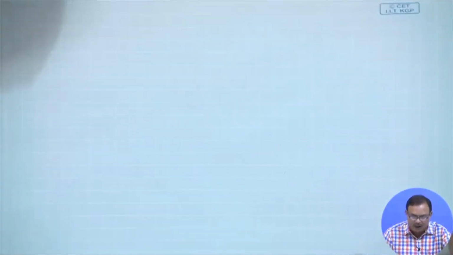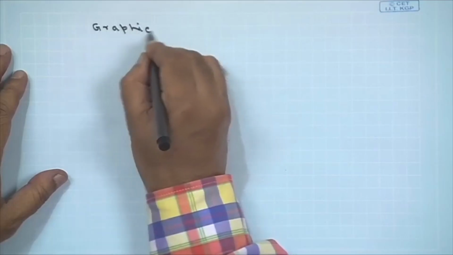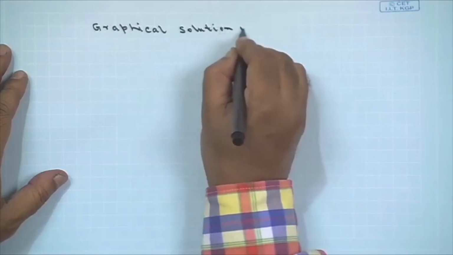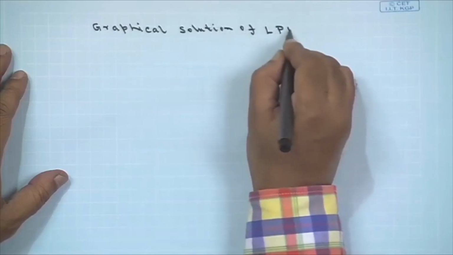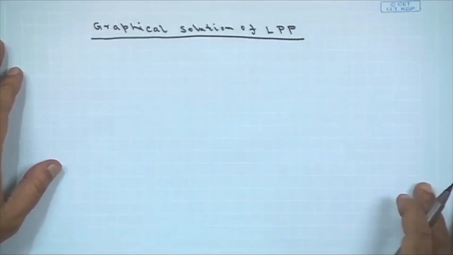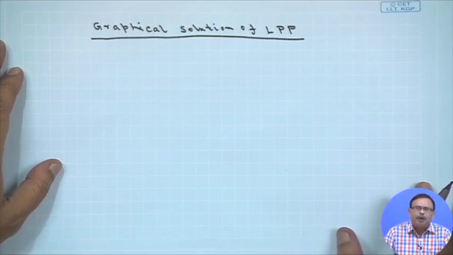The next one is graphical solution. For the graphical solution of an LPP, as I told you earlier, we will go for the LPP consisting of two variables only, because if we go beyond two variables, visualization will not be proper.